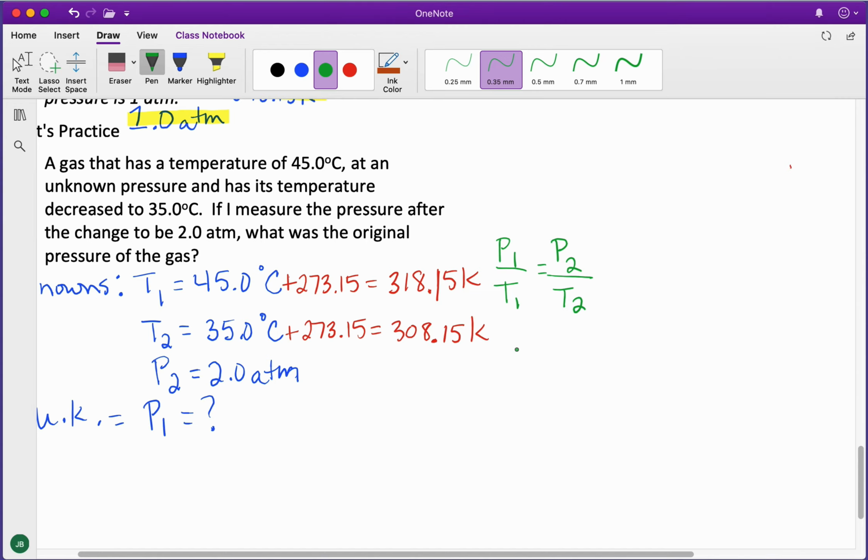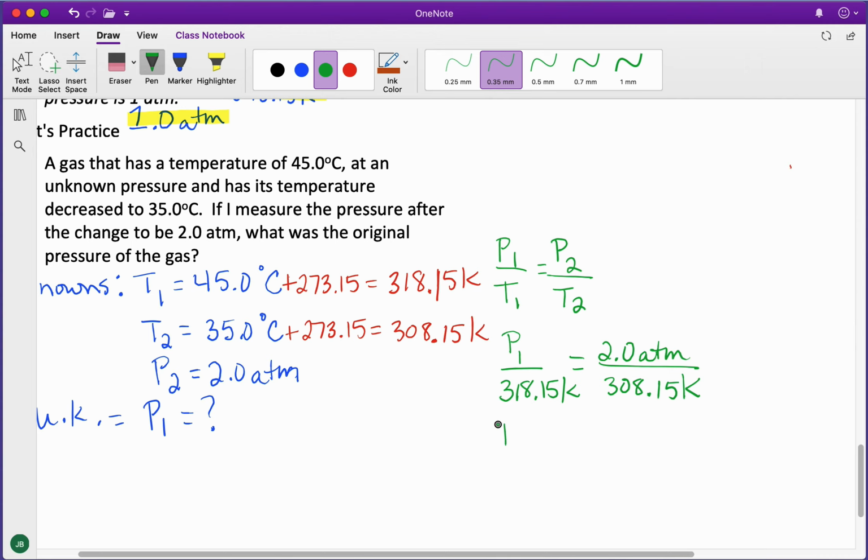So remember, pressure 1, that's what we're solving for. And temperature 1 is going to be 318.15 kelvins. Pressure 2 is 2.0 atmospheres. And temperature 2 is 308.15 kelvins.